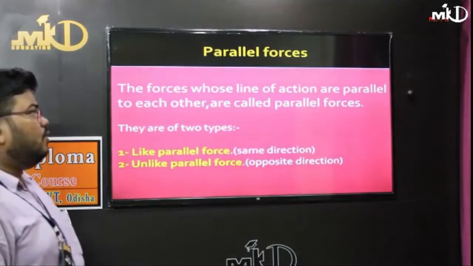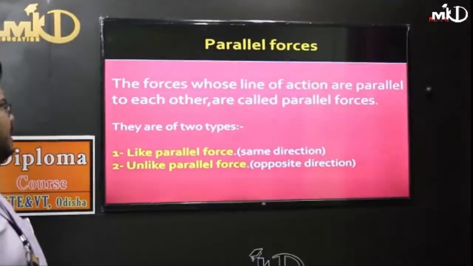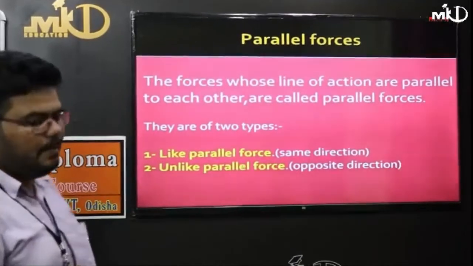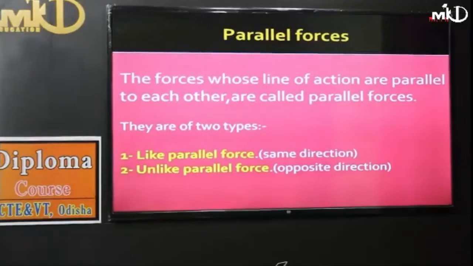First of all we should know what a parallel force is. The forces whose lines of action are parallel to each other are called parallel forces.